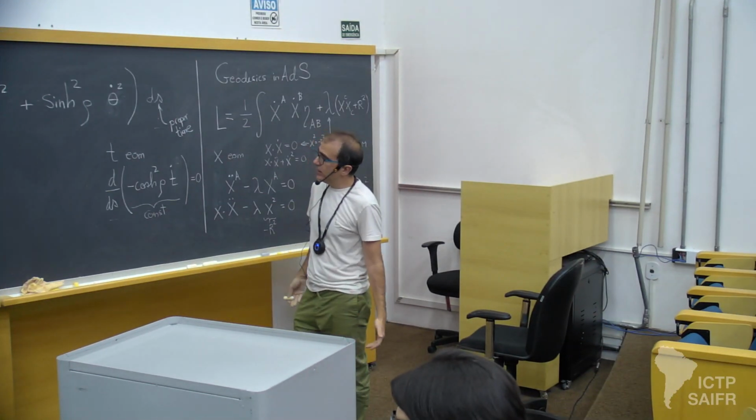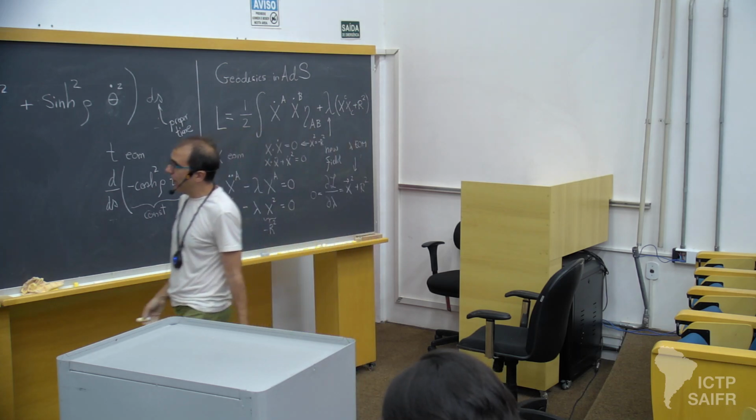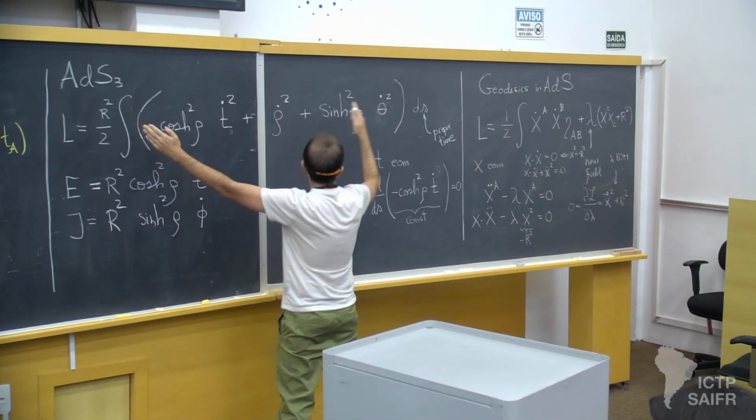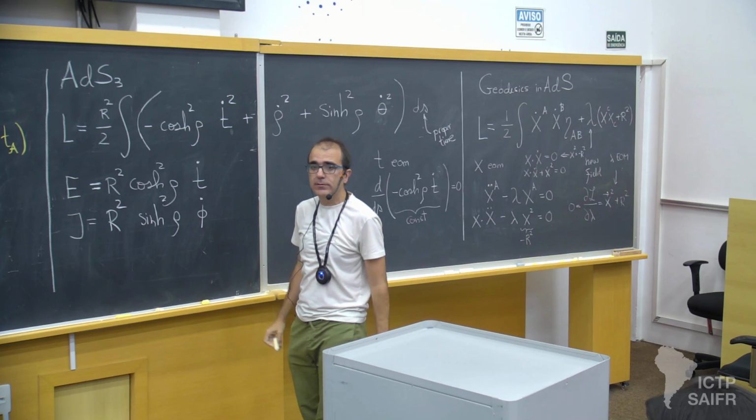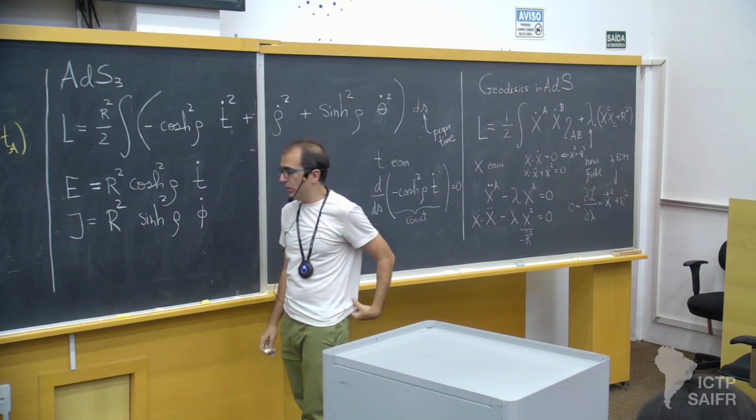And finally, the velocity should be well normalized. So this square should be equal to -1. This velocity should be well normalized.